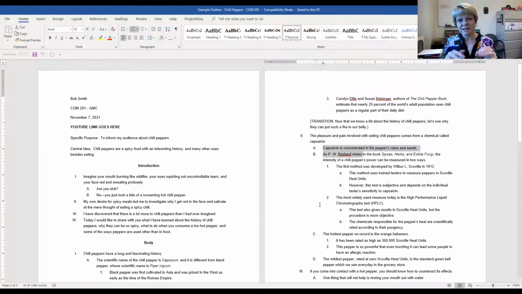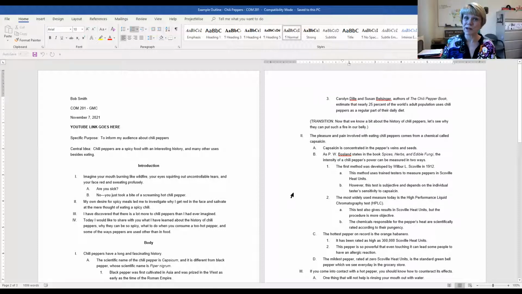And then as the details become more nested, that's when we put things into the 1 and 2s. And look, this particular main point goes all the way down to little lowercase letters. This method uses trained testers. So all the information is nested together, but it all fits under this main point about the pleasure and pain, the spiciness of chili peppers.